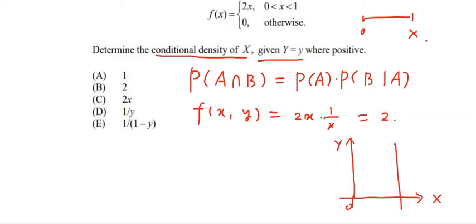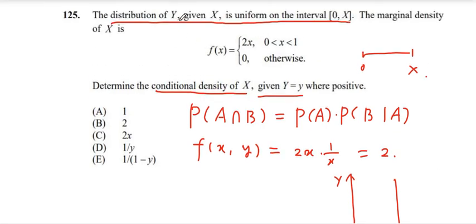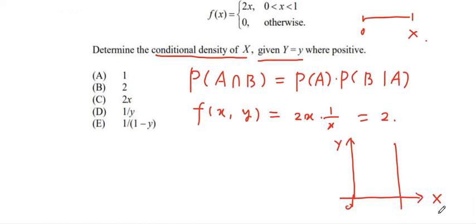Given x, the distribution for y is uniform on the interval from 0 to x. So if we have x equal x, then y is from 0 to x. So we know the range for x and y is just this triangle, right? Okay. So this is 1, 0, 1.